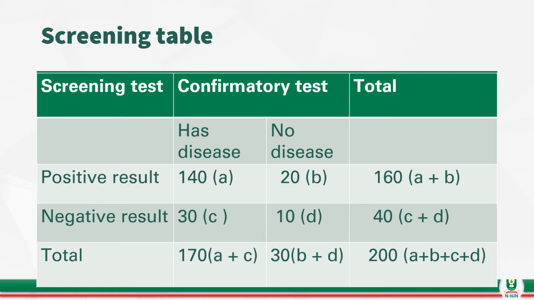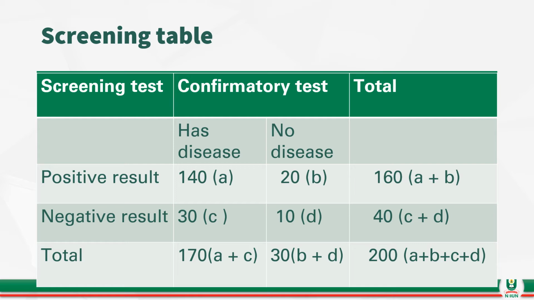Now you go further from the question. It says that 10 were true negative. So you go to negative and put 10 as true negative, which is D.